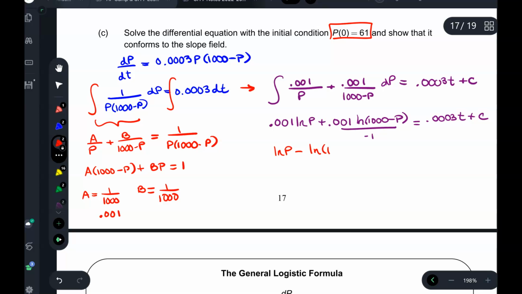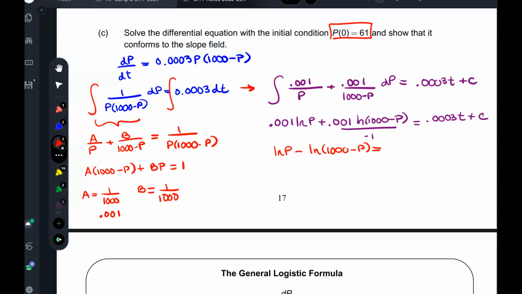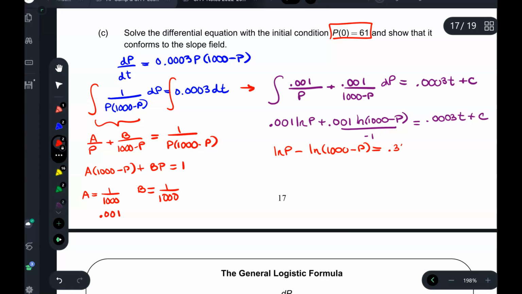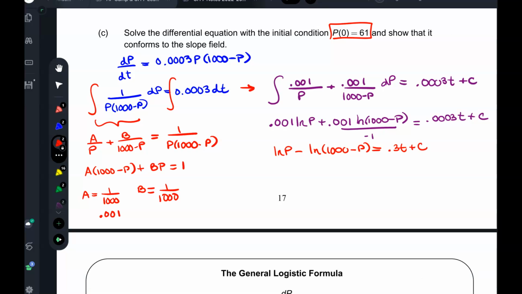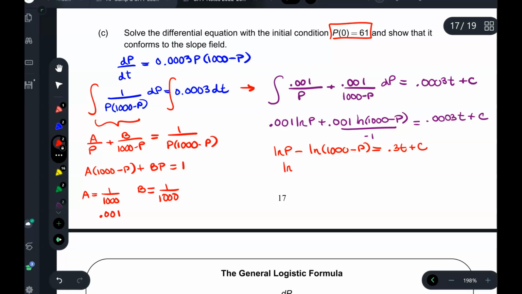Minus natural log of 1,000 minus p equals, well, t is 0 anyway, but when I plug in 61, I'll just get 61, and then that's 939. So it'll become natural log of 61 over 939.